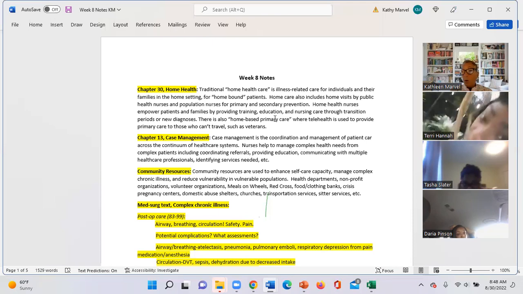So you're doing that through referrals, education, and communicating with the whole team to identify what services are needed. And then the case manager coordinates that care. Okay. Why is it important for community nurses to know what resources are available in the community?